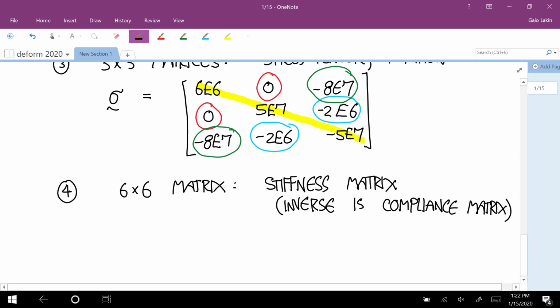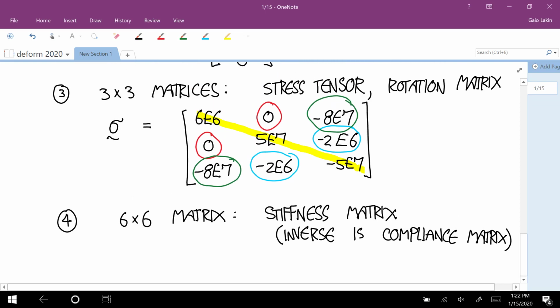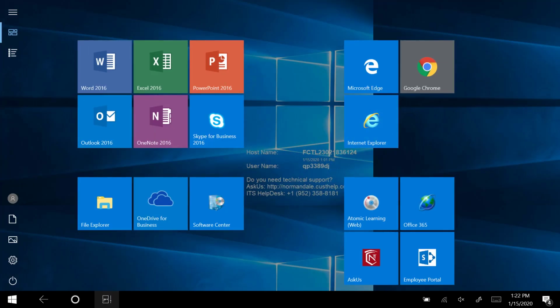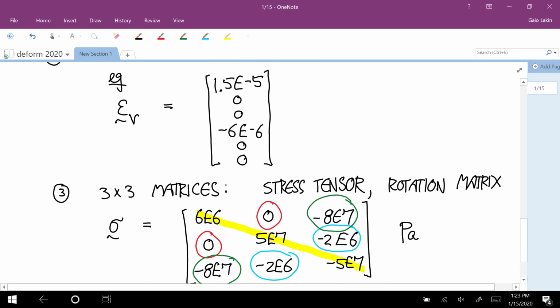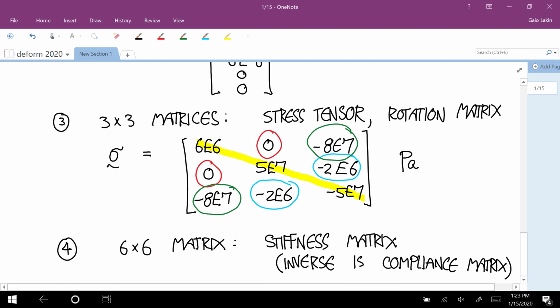Oh, will you do one thing on your notes, I forgot to put units on this stress tensor in number 3. Just make that pascals. That's SI units for stress. The strain that I showed up above, this Voigt strain, that's already correct. Strain doesn't have any units, but stress is units of pressure.